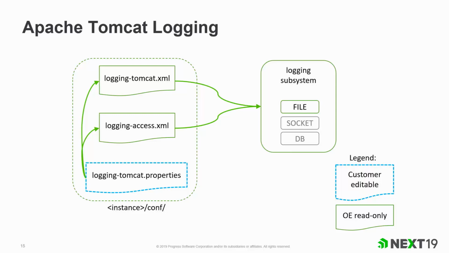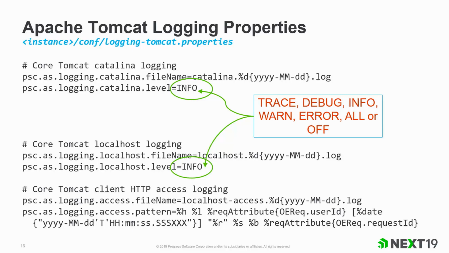So for the Tomcat level, 99% of what you want to configure for the Tomcat level is going to be in that properties file. Right? So what does it look like? Here's an example of that logging-tomcat.properties file. So let's take the Catalina log file.